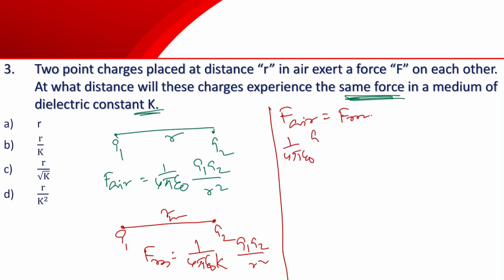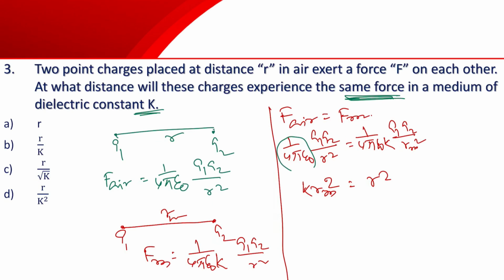So we write 1 upon 4 pi epsilon naught q1 q2 by r square on this side, and on this side 1 upon 4 pi epsilon naught K q1 q2 by rm square. If we solve, the 1 upon 4 pi epsilon naught and q1 q2 will cancel.